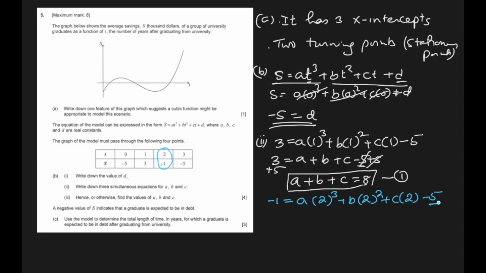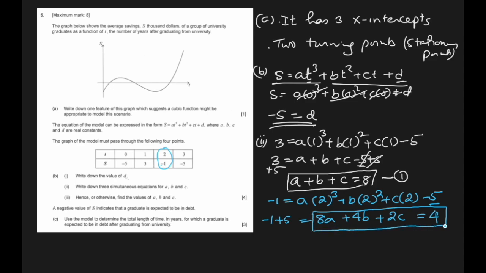So let's bring this negative 5 again to the other side. It becomes negative 1 plus 5. And here we get 8a plus 4b plus 2c, and that is equal to 4. So this becomes the second equation.